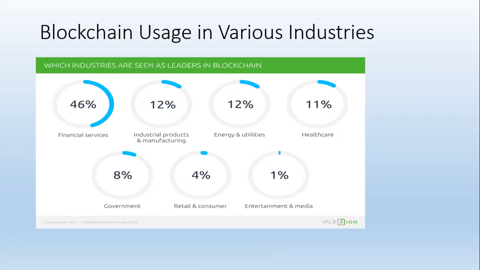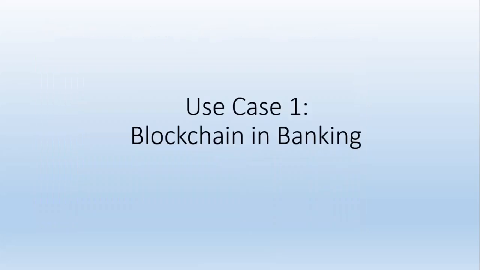Next, energy and utilities, healthcare, then government sectors, then retail and consumer, then environment and media. According to the survey conducted by Global Blockchain Survey in 2018. Let me move on to the next slide.